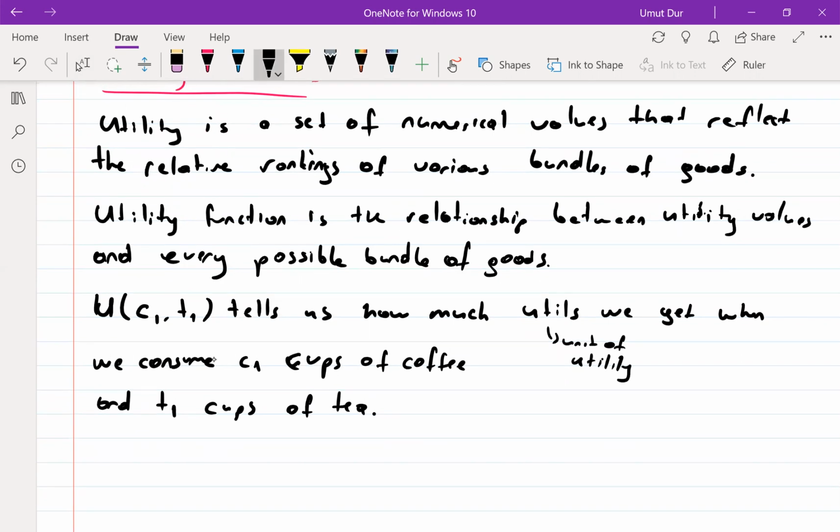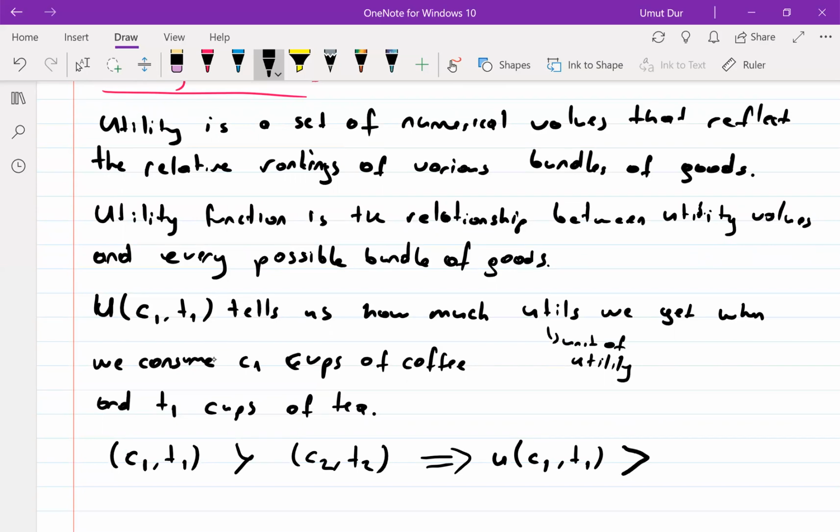If you compare C1, T1, which is one bundle, and C2, T2, and suppose that the first bundle is preferred to the other one, what we need to require from our utility function is that it gives us a higher value when we consider the first bundle compared to the second one. This is the greater sign, this is the preferred sign.